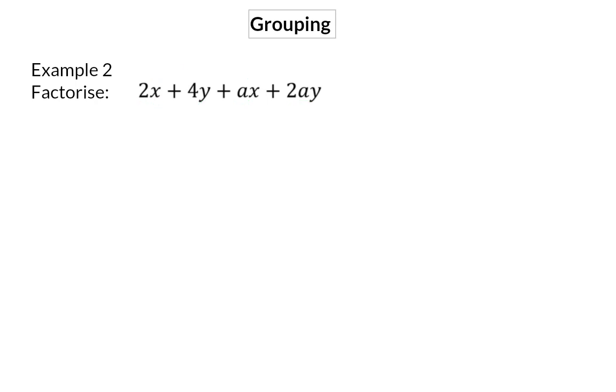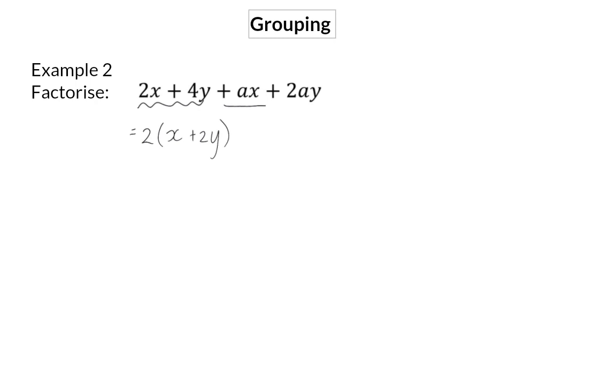When this happens, you're going to factorize by making groups. In this case, I'm going to group the first two terms together and factorize. So I'm going to take out the common factor of 2. When I take out 2, I'll be left with x plus 2y.